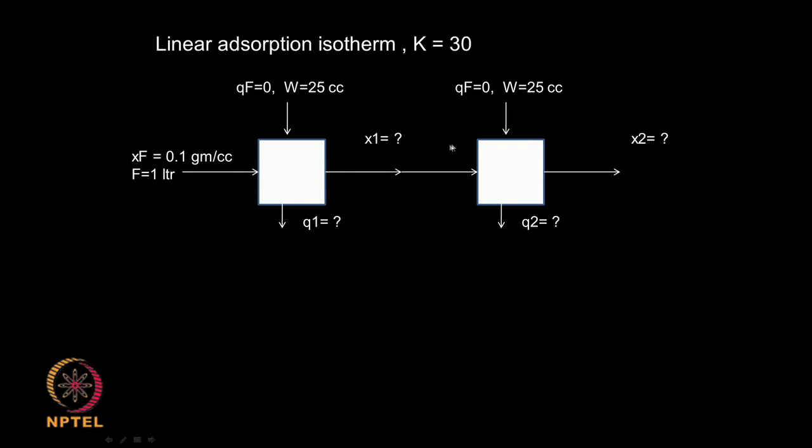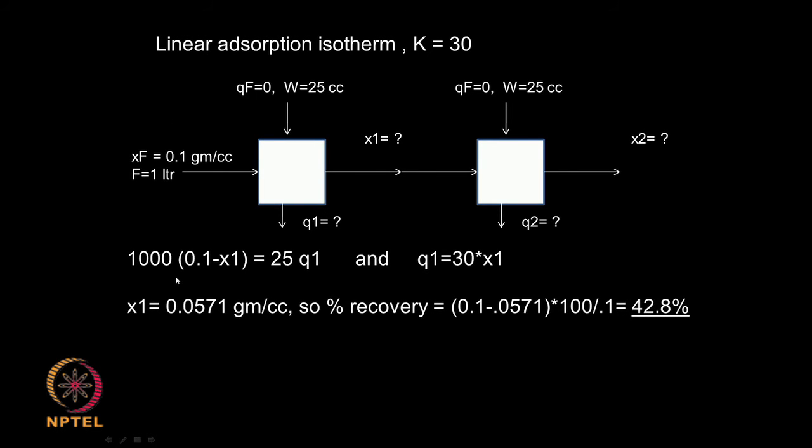Now, the same thing goes into the next stage, and some solute gets adsorbed. I want to know the final concentration and the overall efficiency of adsorption. Okay. For the first stage, I do a mass balance, I know the relationship and I can calculate x1, right, that is 42.8% recovery.